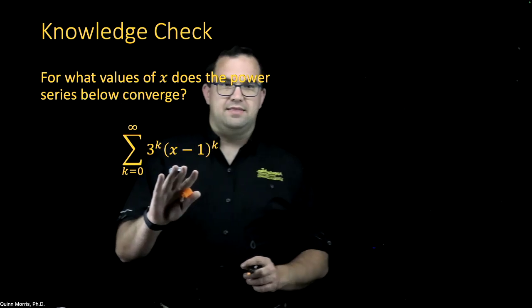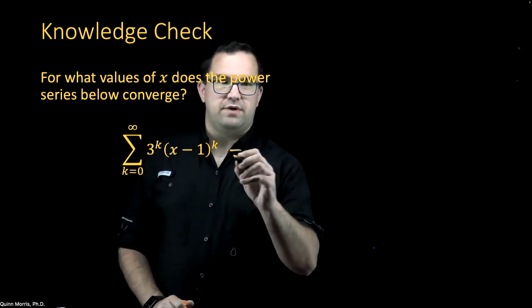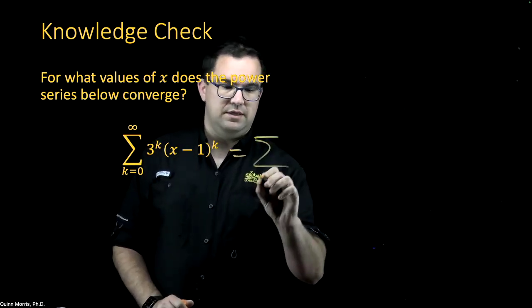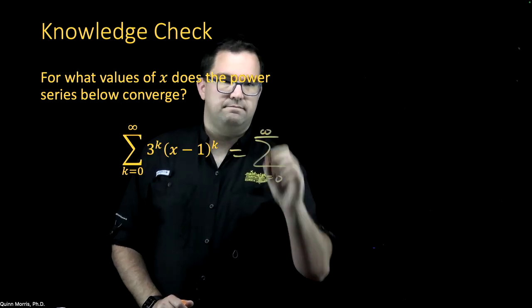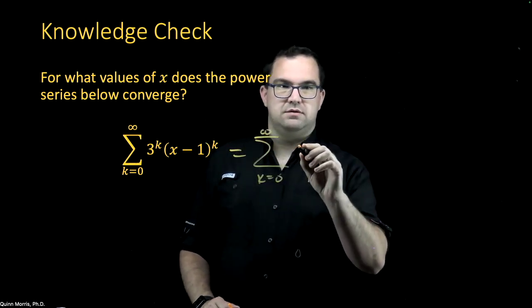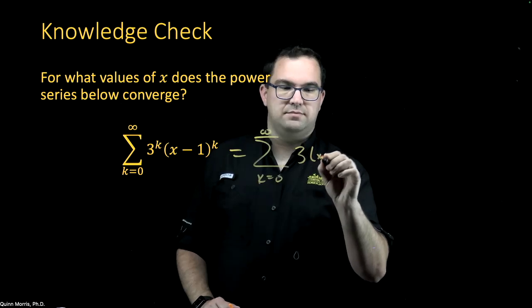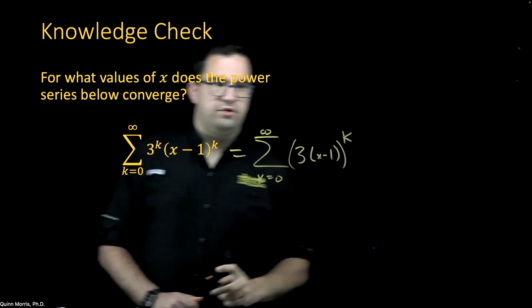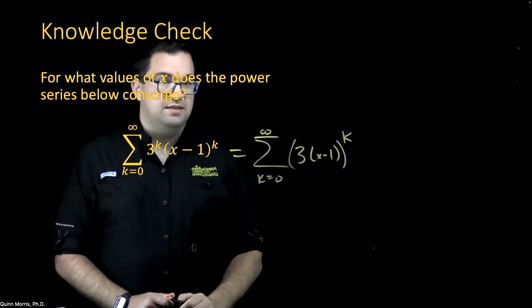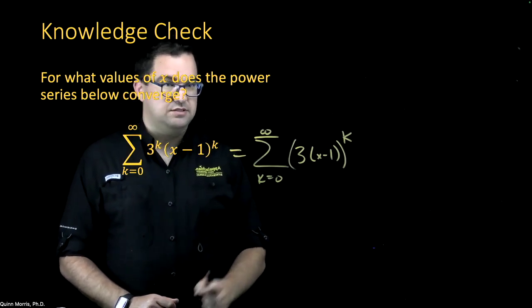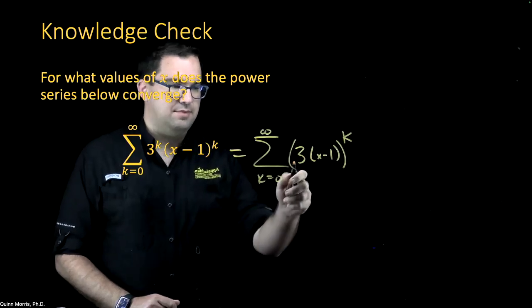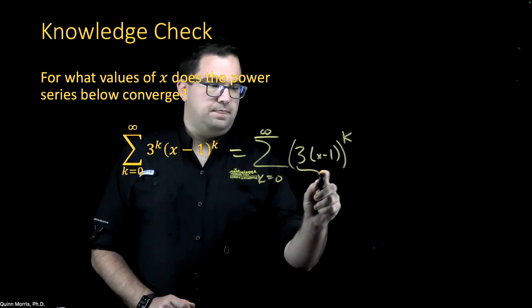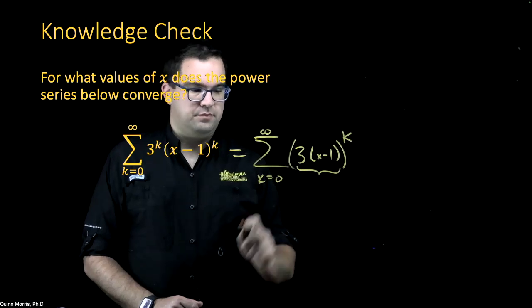If we're looking at this series, we can first recognize that we could rewrite this as 3 times x minus 1, whole thing to the k. So this is now a geometric series. For any fixed value of x, this is a geometric series, and this is my r.